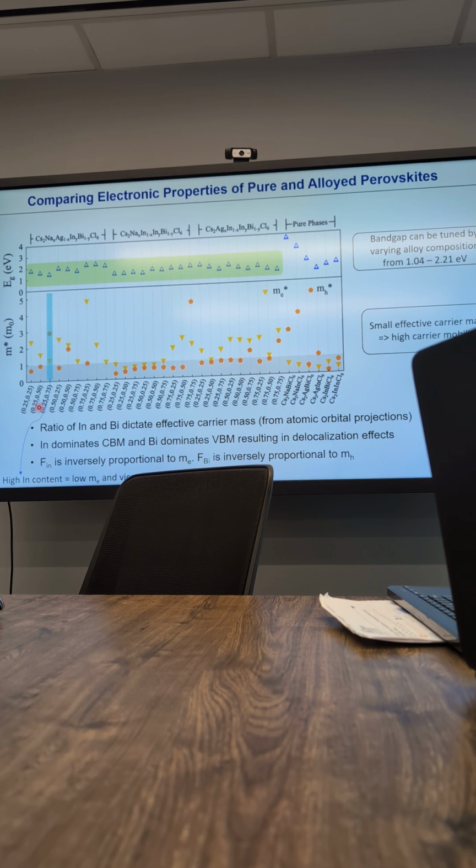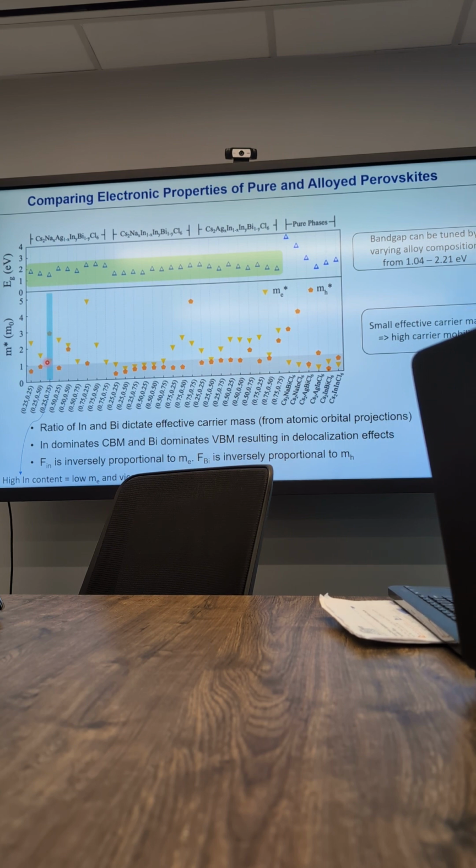Then there's going to be localization in the valence band for charge neutrality, to combat that effect. Because of that, the mass of the holes will be higher because they are localized. They are not as mobile as the electrons. So the holes will have a higher mass, and the electrons a lower mass because of the delocalization in the conduction band. And the same thing for bismuth. So that's how this plot is explained. That's how I understood it.